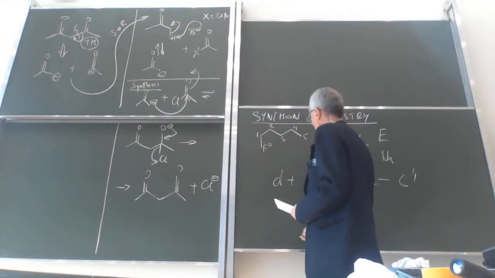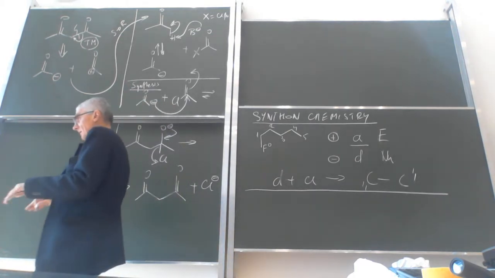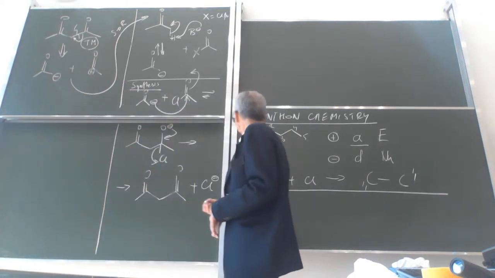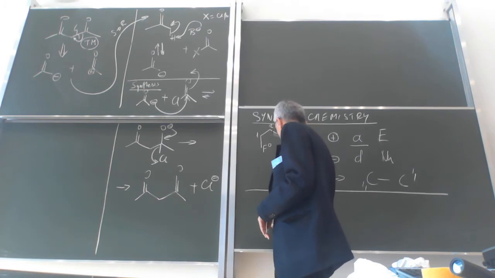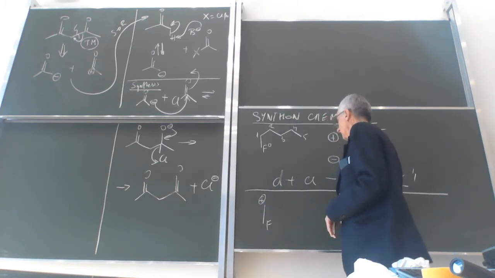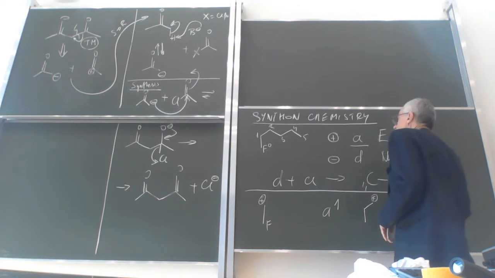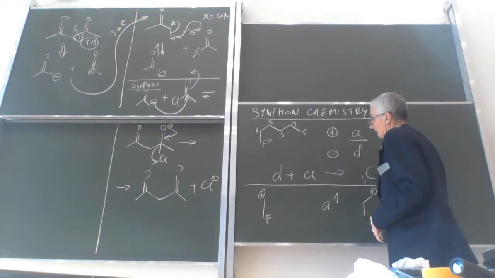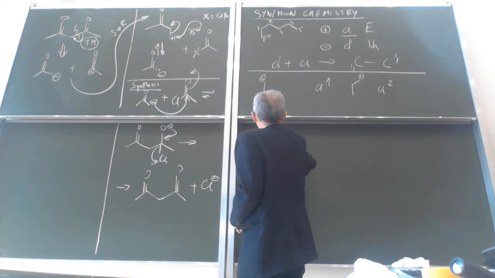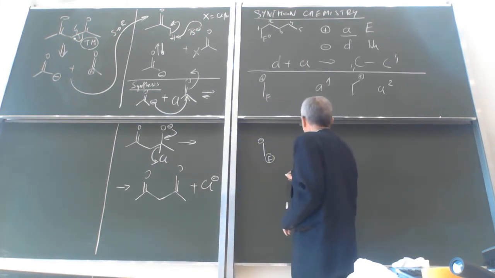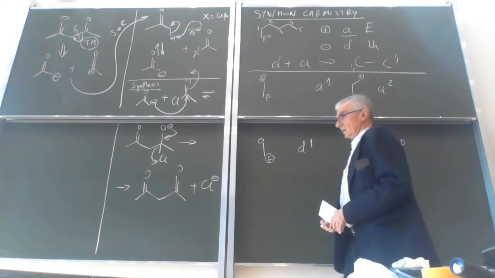So once more, I should also indicate the location of the nucleophilic or electrophilic reactivity within the synthon, and for example, such a synthon will be noted as acceptor 1, such a synthon acceptor 2, and let's say such a synthon will be donor 1, such a synthon will be donor 0.